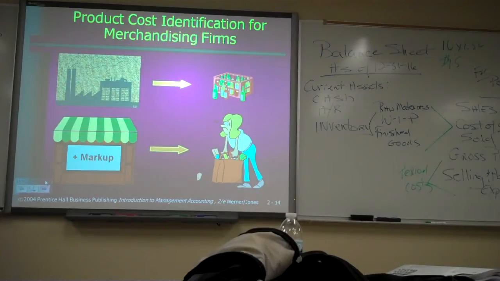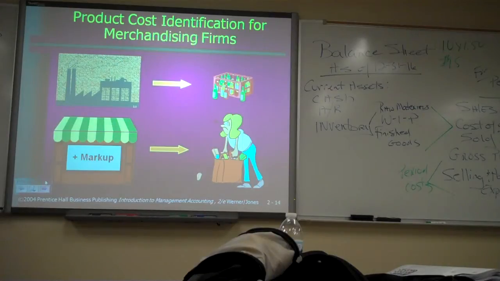So again, if we paid $10 for a product and we sell it for $15, that's a $5 gross profit, isn't it? $5 gross profit, or it's 50% of cost. Now, you gotta get this. This is 50% of our cost, isn't it? If this is our cost, and this is our sales price.